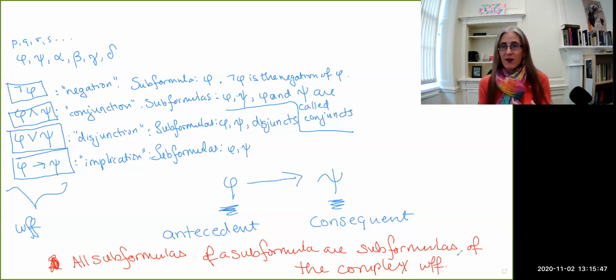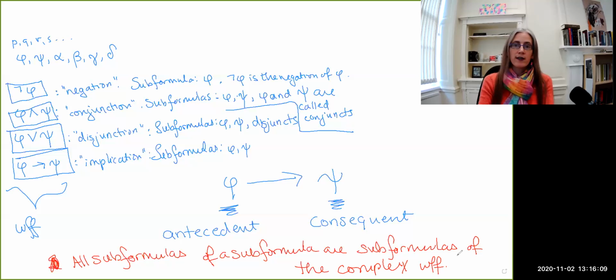Now, this is something that's much easier to demonstrate with examples rather than to try to say, yes, the subformula of a subformula of a subformula of a formula is also a subformula of a formula. This might not be the most explicit way of saying what I want to say. So this is something that we'll talk about in the next video when I introduce a notion of parse trees.